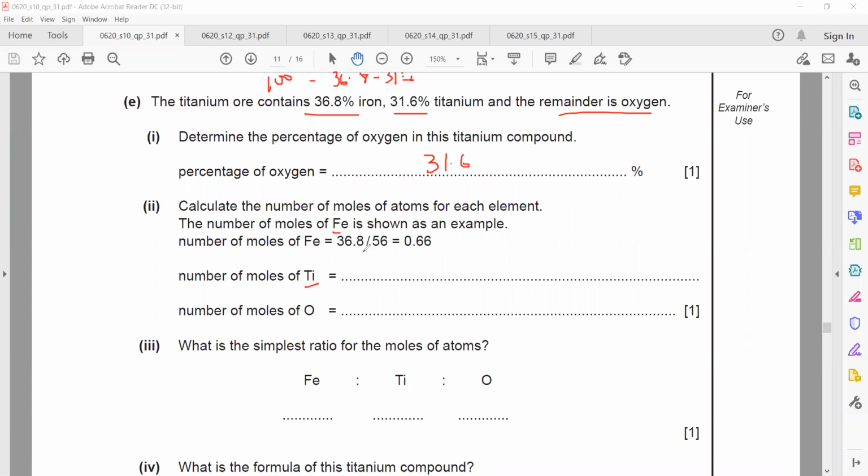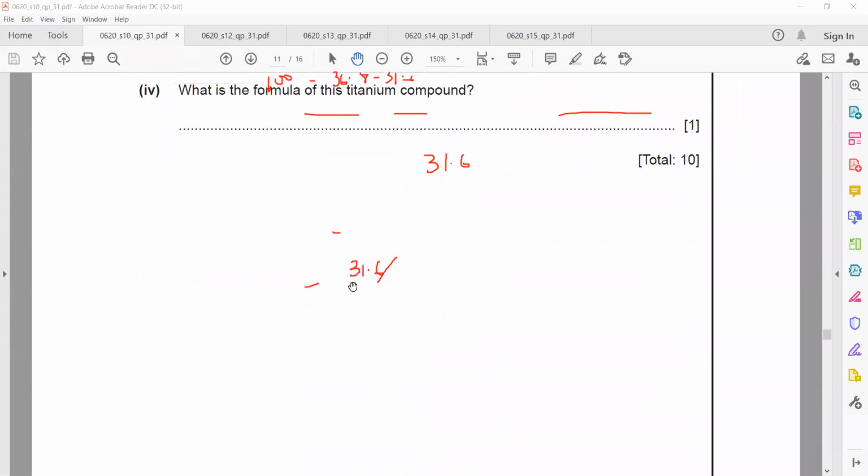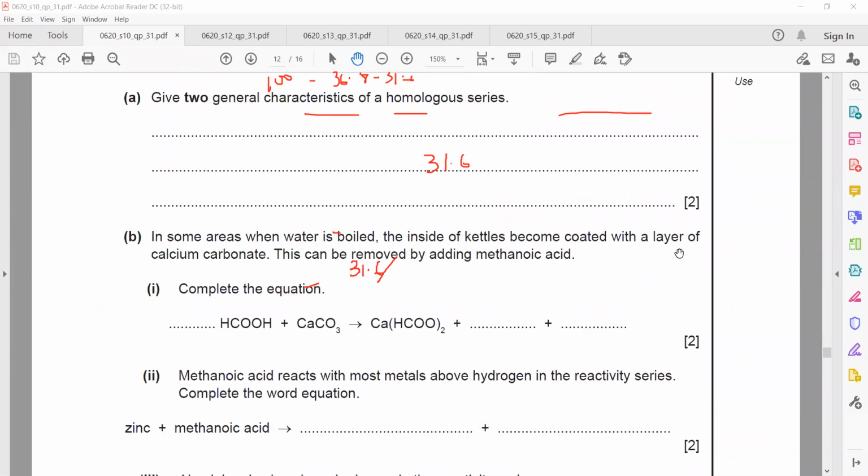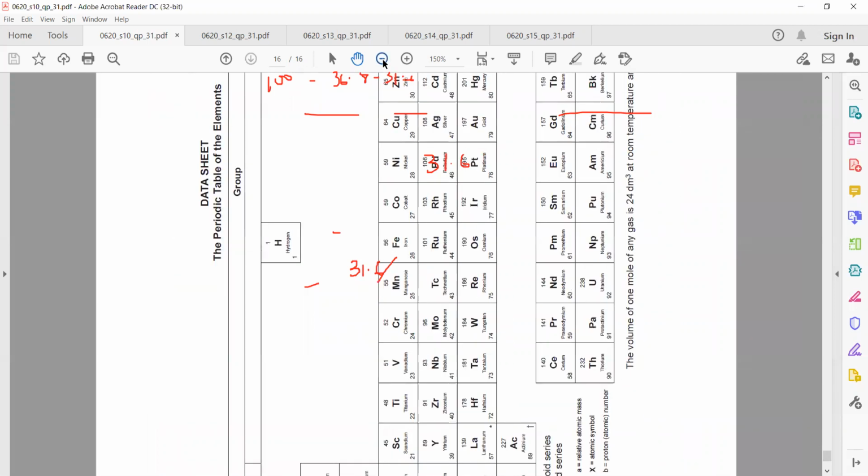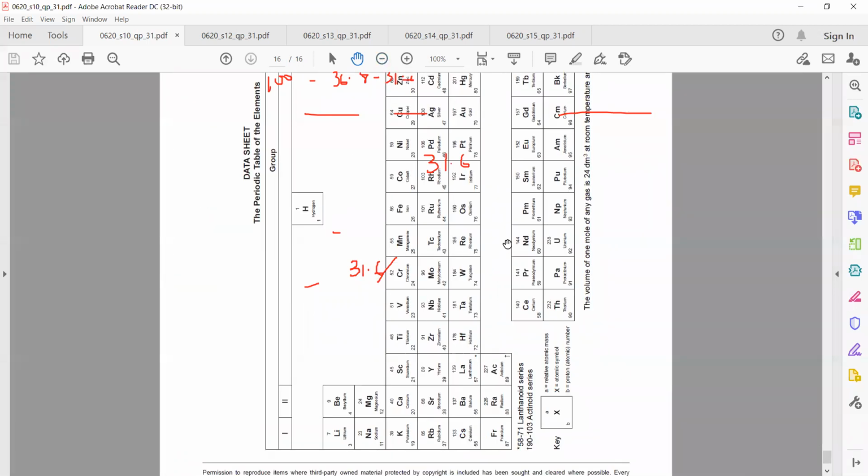How to get the moles of titanium? So 31.6 divided by the mass of titanium. You have to use a periodic table. Titanium is a transition element, and its atomic mass is 48.